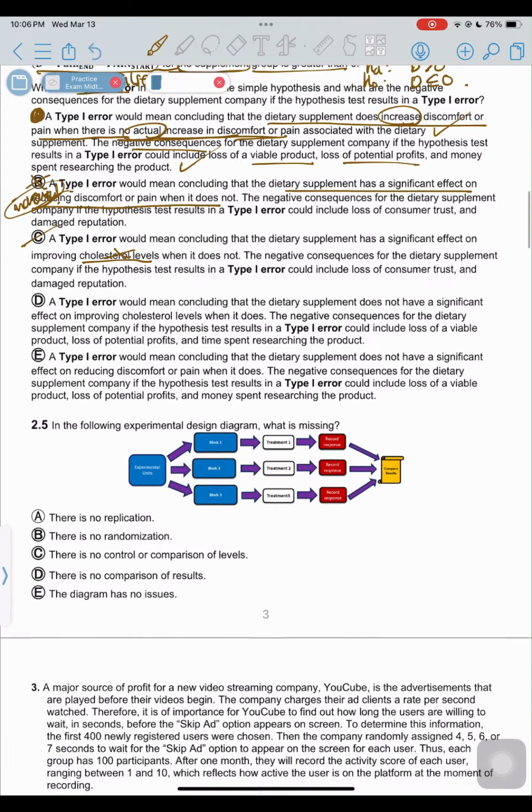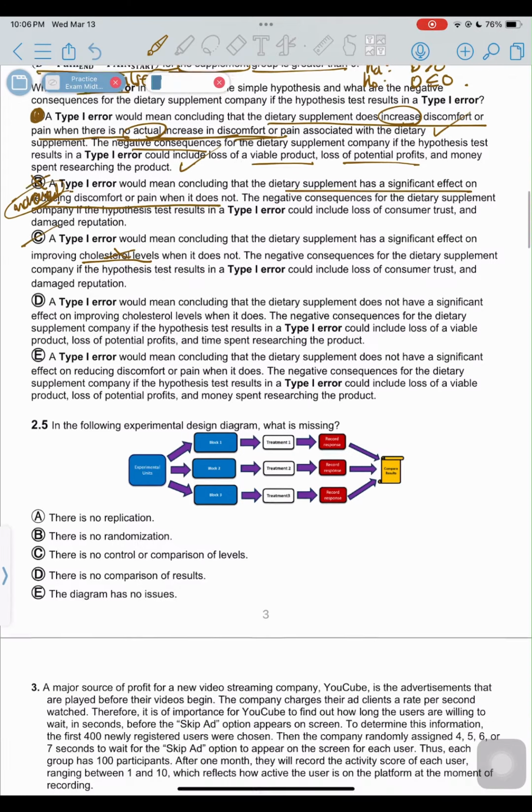And D, type 1 error would mean concluding that the dietary supplement does not have a significant effect on improving cholesterol level. Yeah, cholesterol level does not have anything to do with this question because we're interested in the discomfort and pain level, not cholesterol. So the cholesterols are gone.